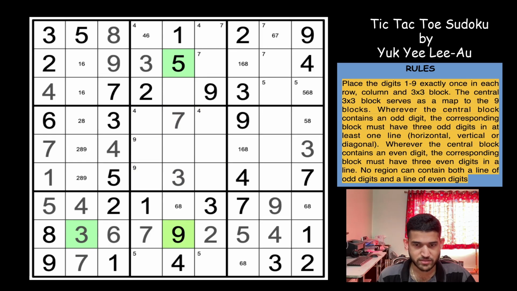I told you that for the evens to work, they can only happen diagonally, which means that the central cell has to be even in those cases. But in boxes 2, 7 and 8, they are all odd. So the corresponding cell for box 2 is this one, this is already placed, and box 7 is this one, so this must be odd. And you can see it cannot be 3, 7, 1 or 5, so it has to be a 9.